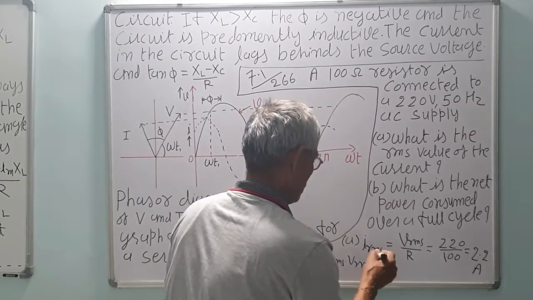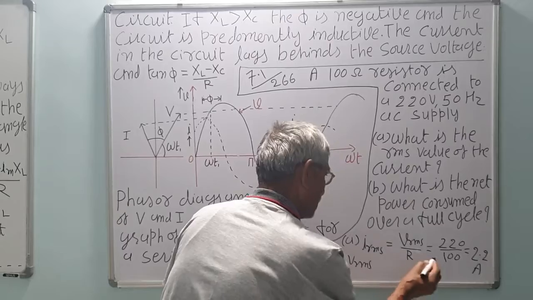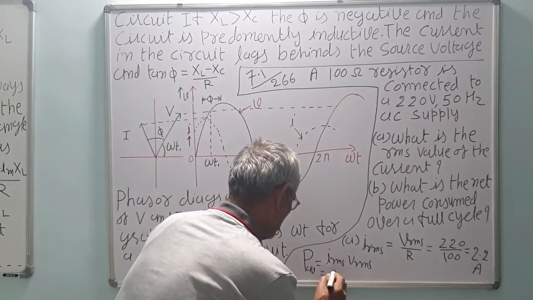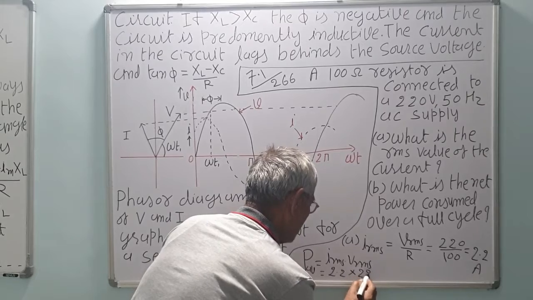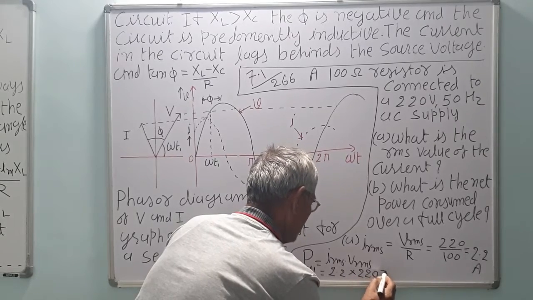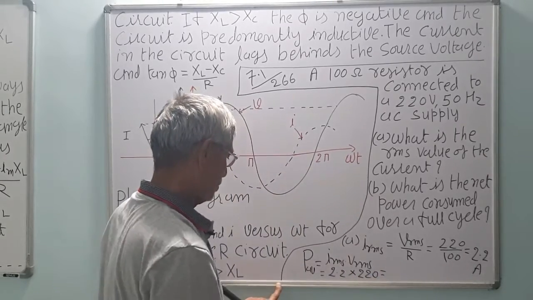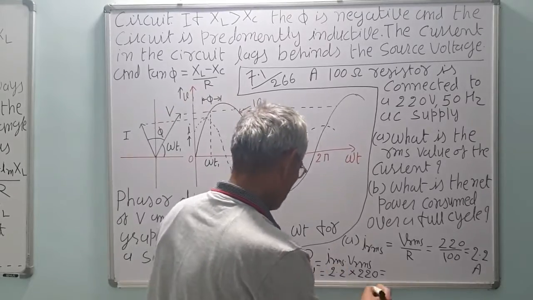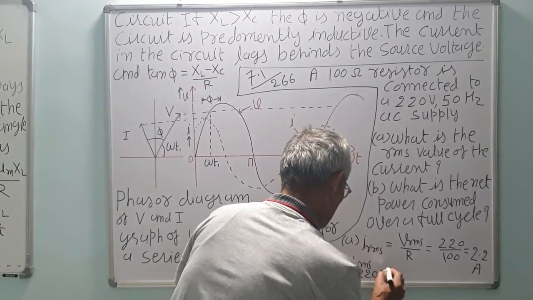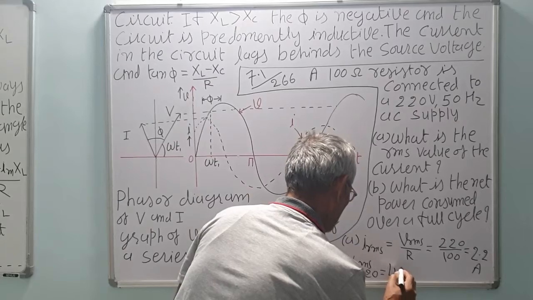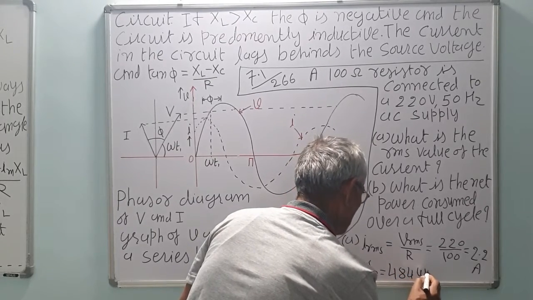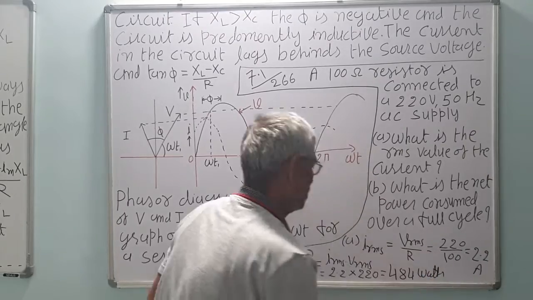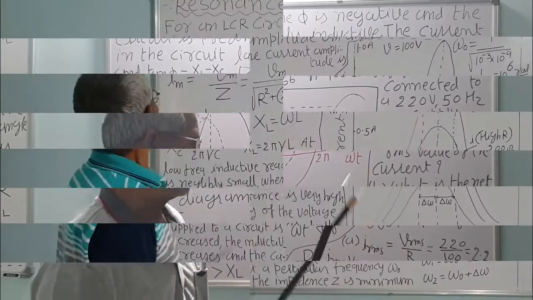That is equal to VRMS 220 and current we have already calculated, so 2.2 into 220. You can multiply, the overall answer is 484 watts. It's very easy.